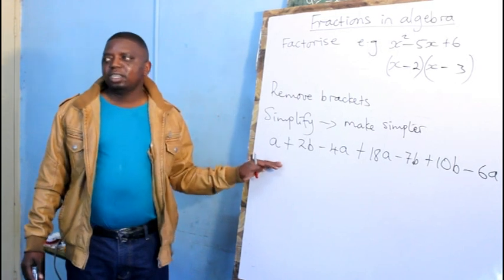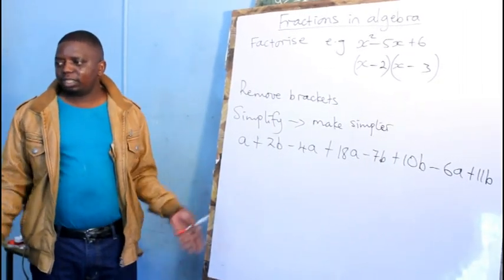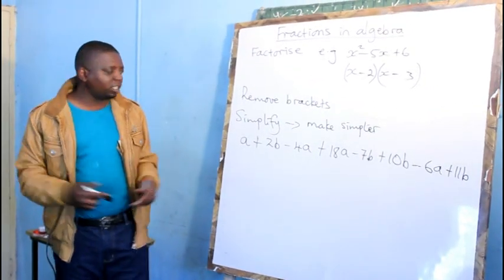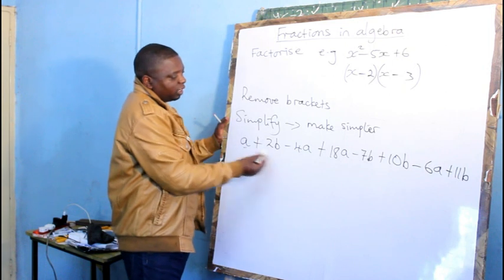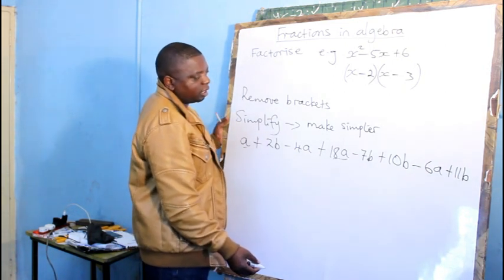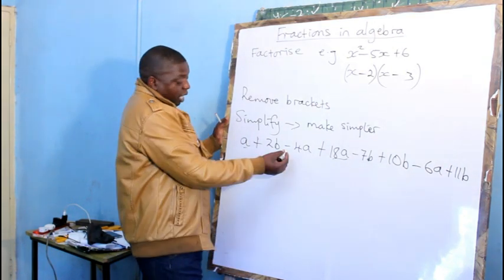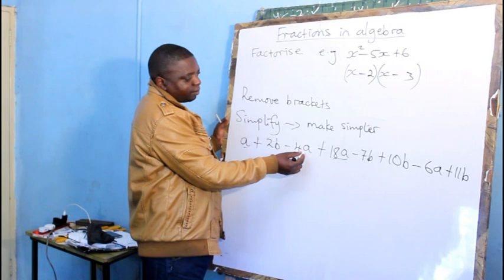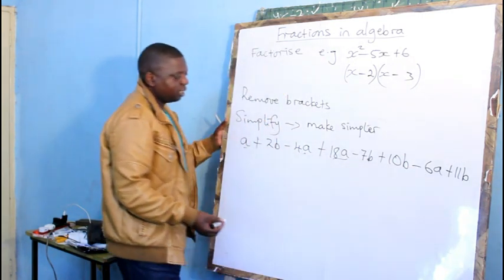For a, we start with the positives: a plus 18a, 19a, minus 4a, 15a, minus 6a, 9a.